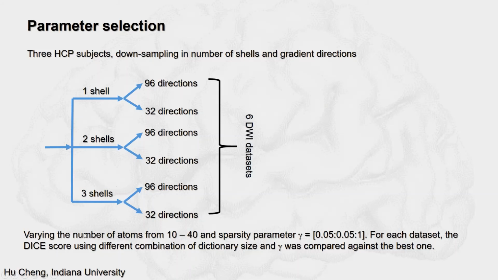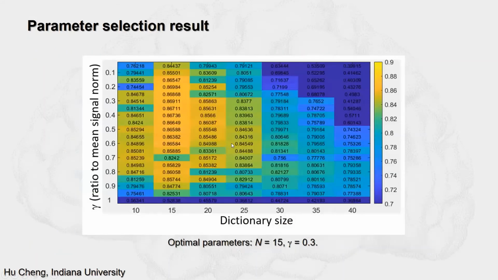And then we vary the number of atoms from 10 to 40, and the sparsity parameter gamma from 0.05 to 1. For each dataset, we compute the dice score for each combination of n and gamma, compared against the best one.